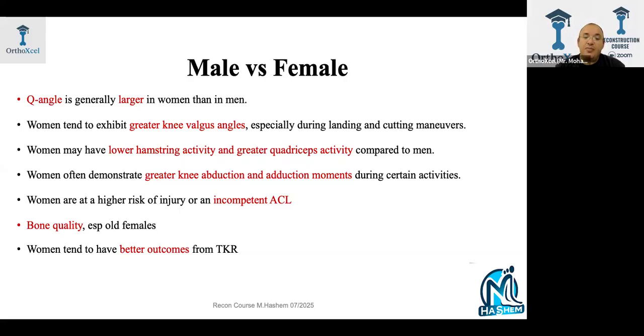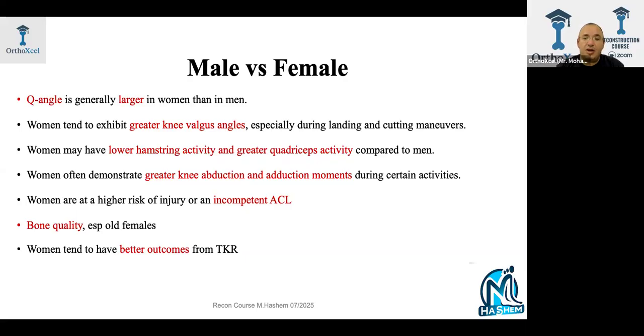In female, you have more knee abduction and adduction moment, and that puts a lot of stress on the knee. That's why without a properly aligned total knee replacement, you are in a position to lose your total knee and have a catastrophic failure. Definitely in females, the bone quality is not the greatest.